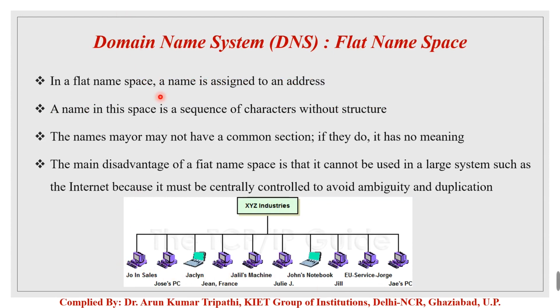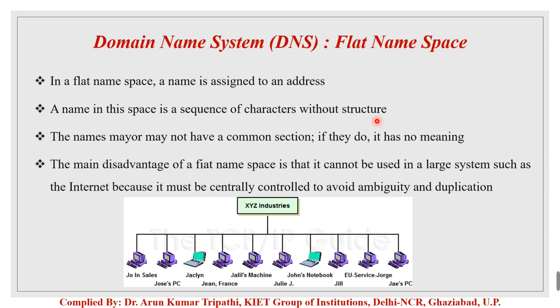In a flat name system, the name is assigned to an address. The name space is a sequence of characters without any structure. Suppose that I have written XYZ underscore ABC PXYZ. So there is no convention. If I have used Arun Tripathi, this is a name, or I can use Arun Kumar Tripathi.